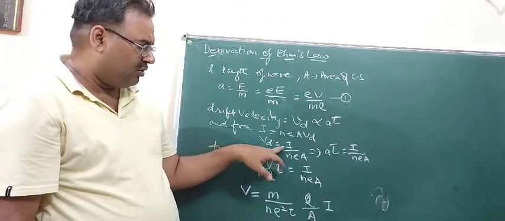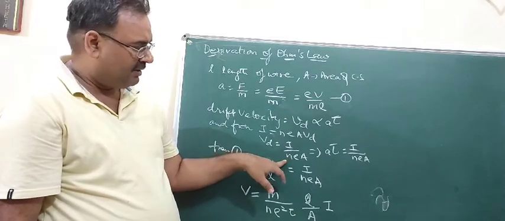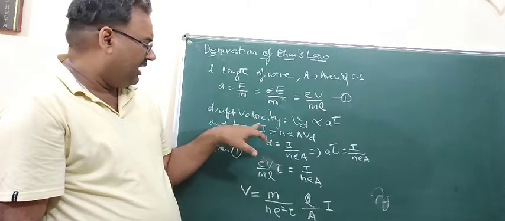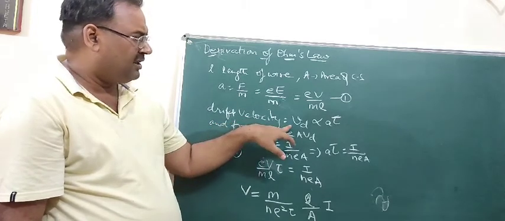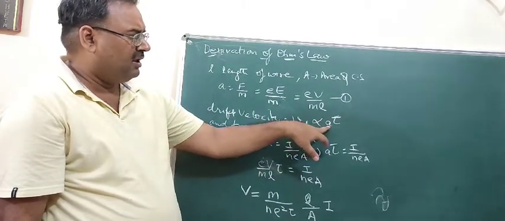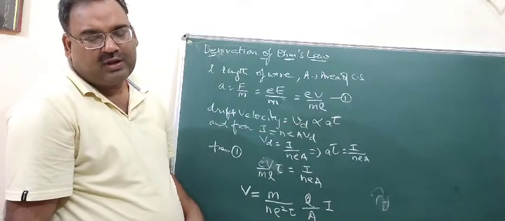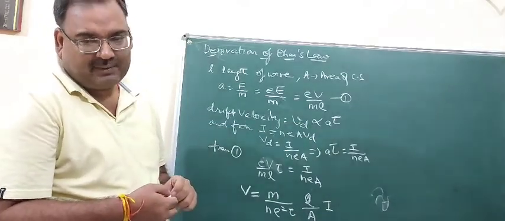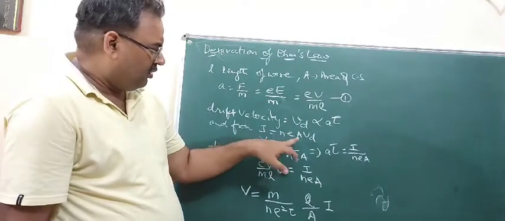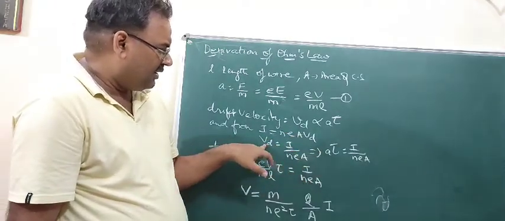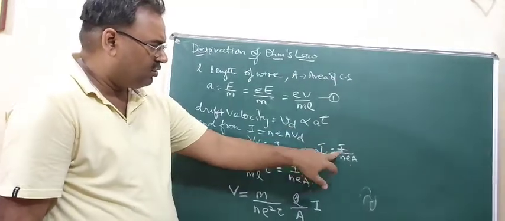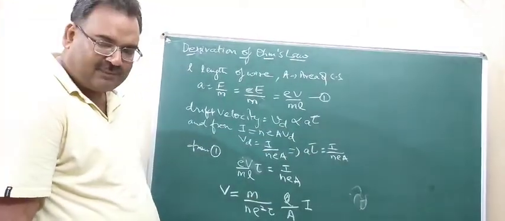Drift velocity is equal to I upon nAe, and we know that drift velocity is directly proportional to a tau, where a is the acceleration and tau is the relaxation time. So we put vd equal to I upon nAe. This is equal to a tau, so a tau is equal to I upon nAe.